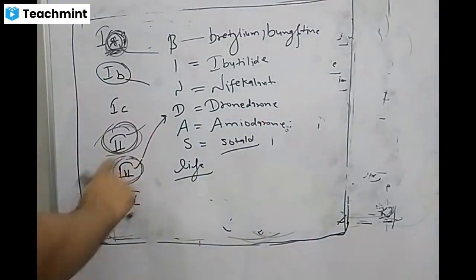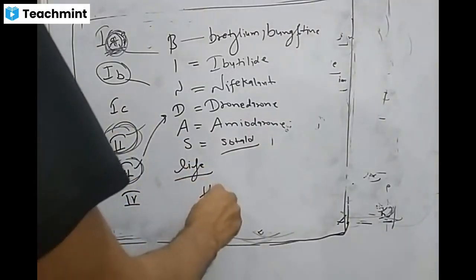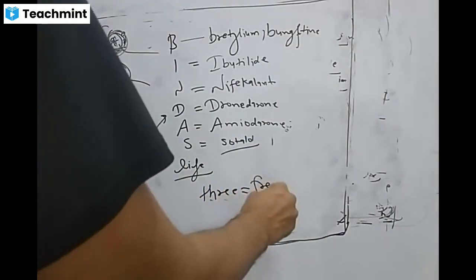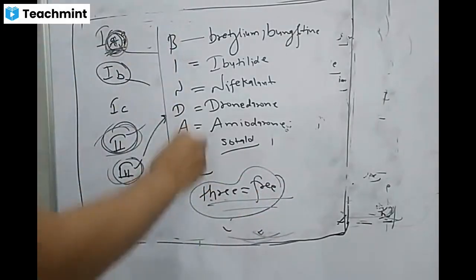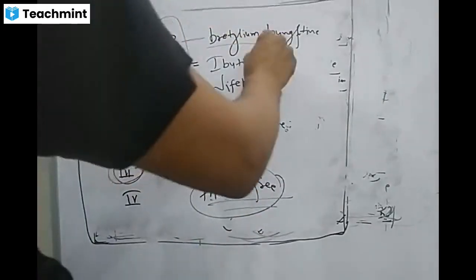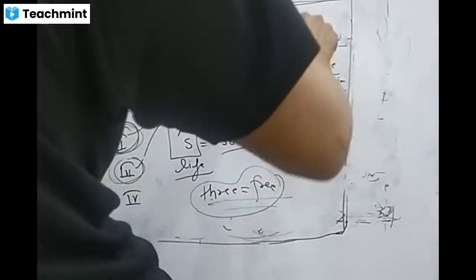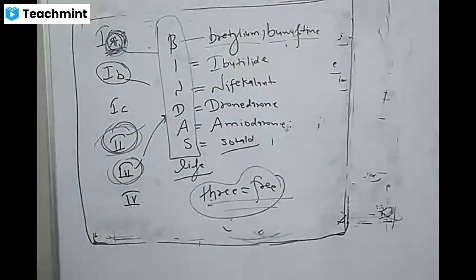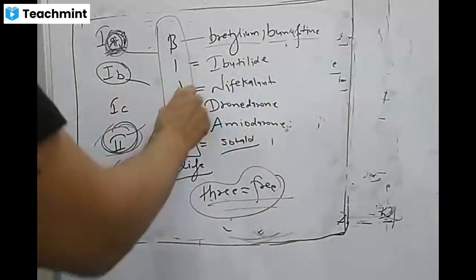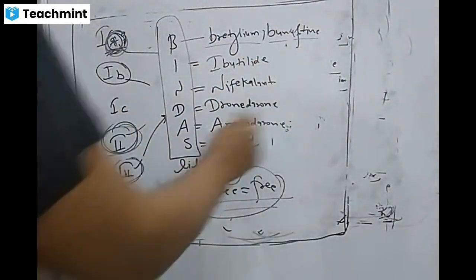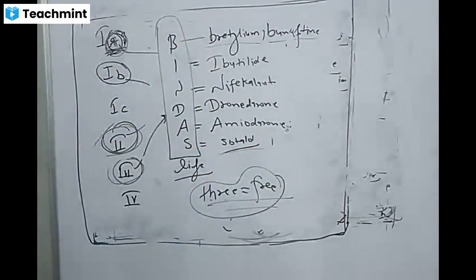So the class 3 people are free to live a bindas life. Bretylium, then Bunaftine, Ibutilide, Nifekalant, Dronedarone, Amiodarone, and your Sotalol.